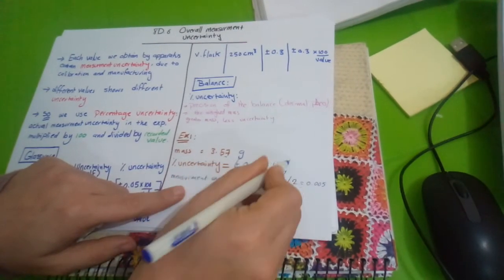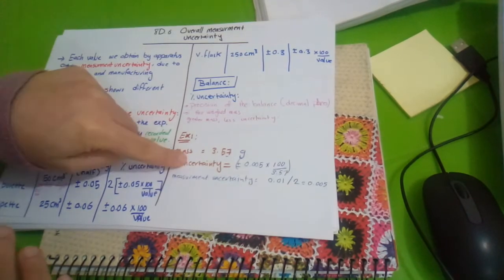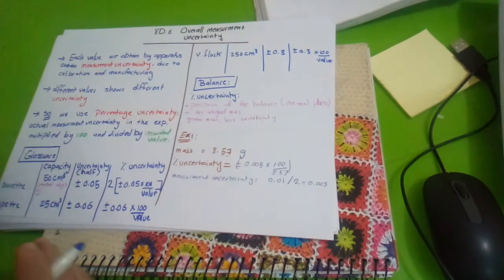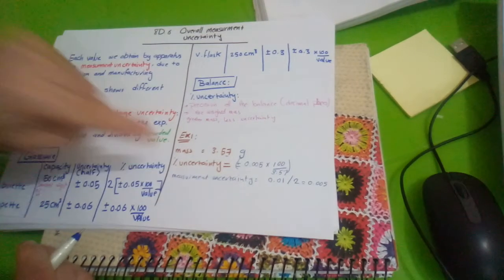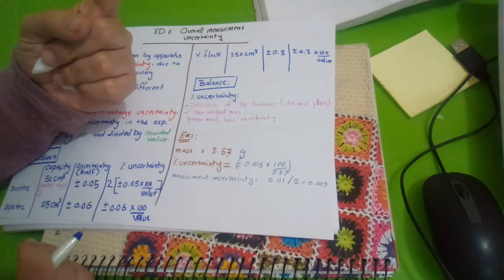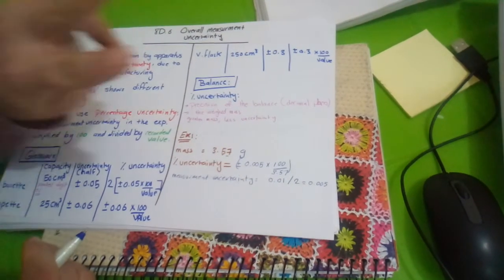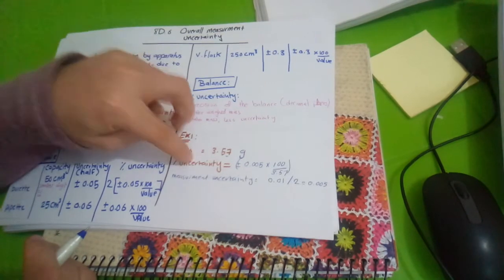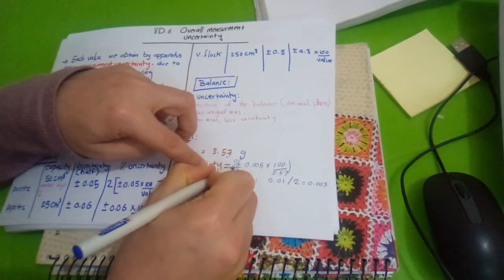But guys, in order to read a mass, we have to tare the balance. Taring the balance means we will set it at 0. So I will use it for the first time to set it at 0, then I will use it to measure my mass. So I will use it 2 times, so the percentage uncertainty here must be multiplied by 2.